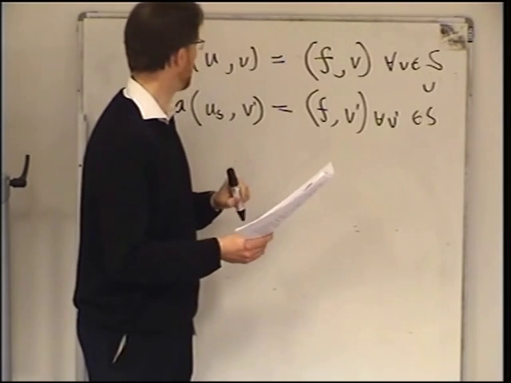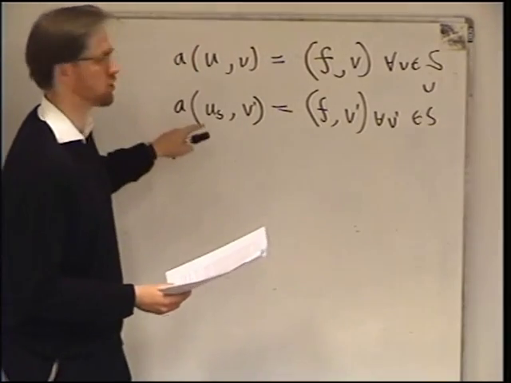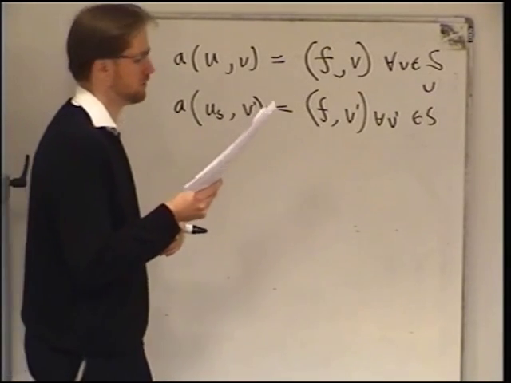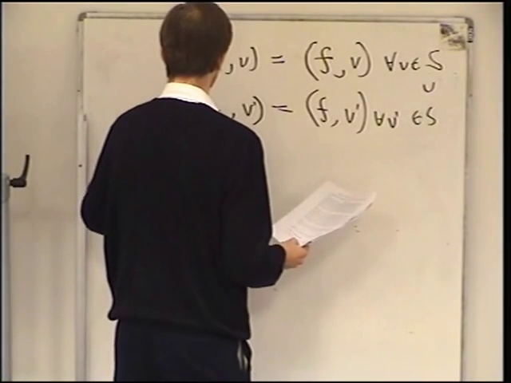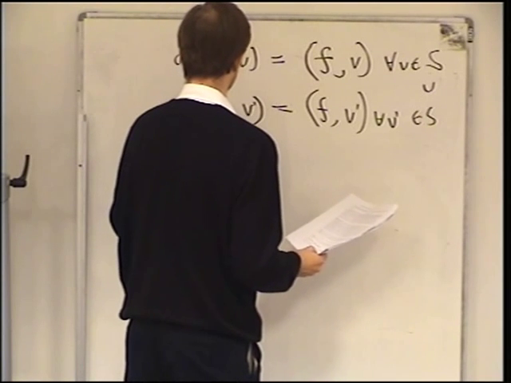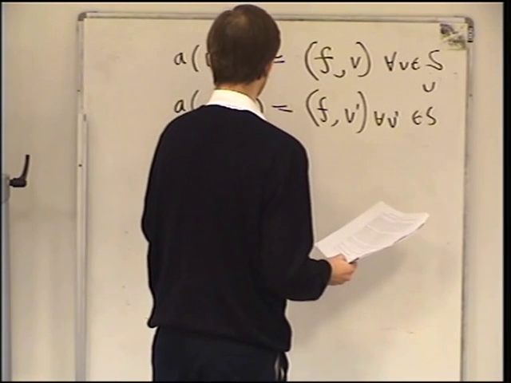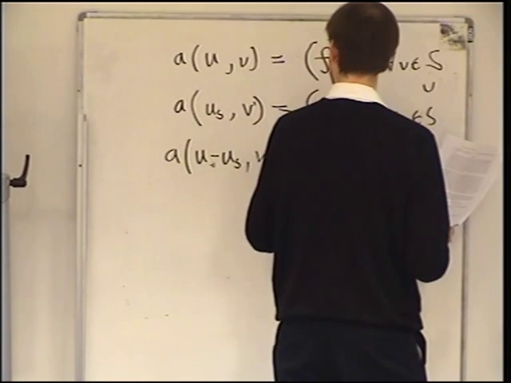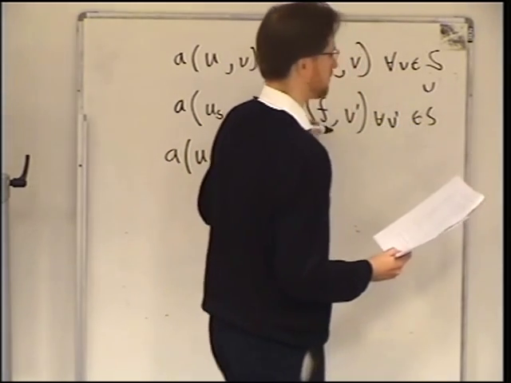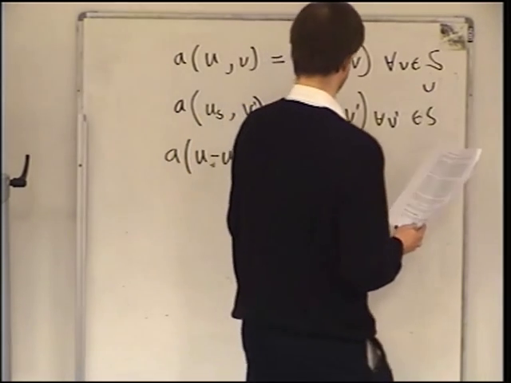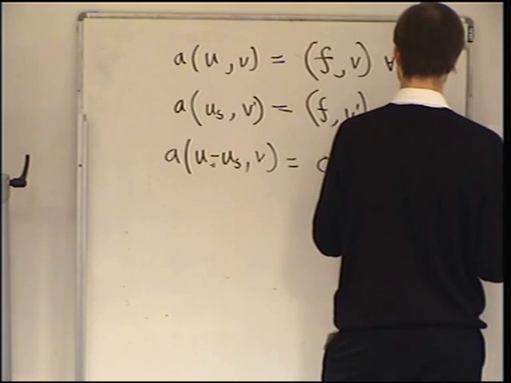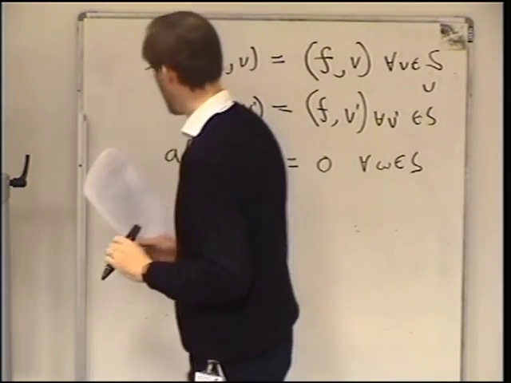And so now if we do that, we can subtract these two equations. So we can say for any given test function, we have A of u minus u_S, v equals 0. They're the same for all v in S. So what did we just write here?